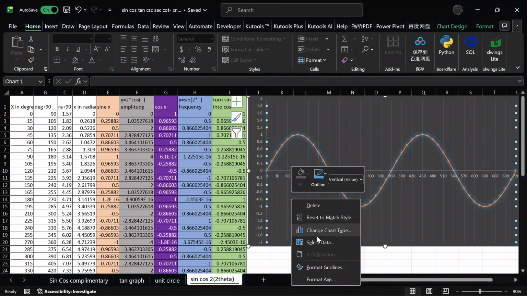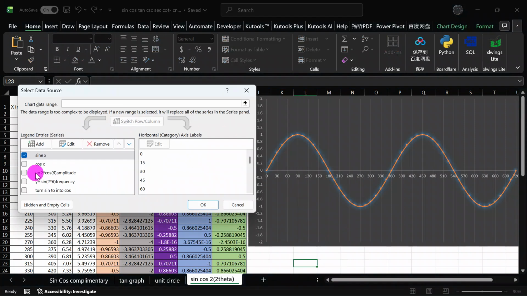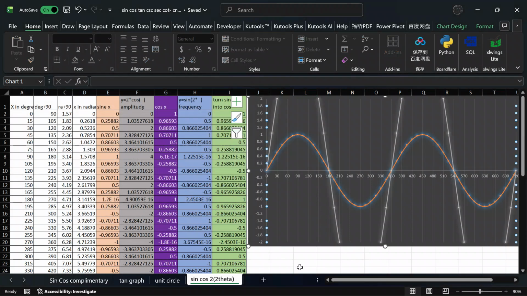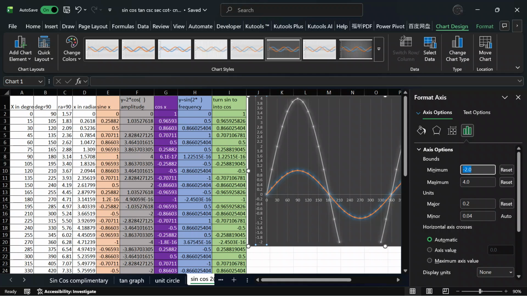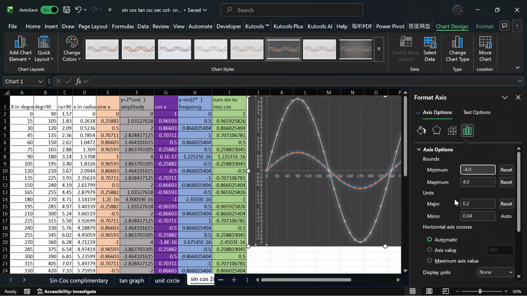We can first maybe check the amplitude. Amplitude is the height of the curve, and this one is out of proportion because we truncated the y coordinates down to 2, so we need to bump it up to 4, and also the negative side we need to keep it consistent, so also give a -4.